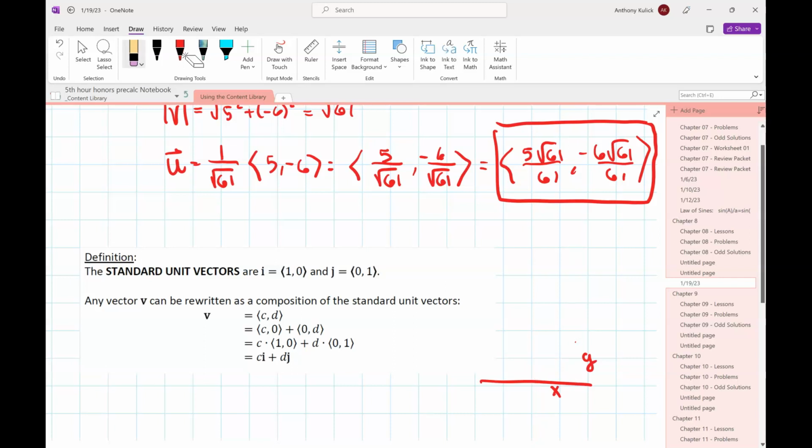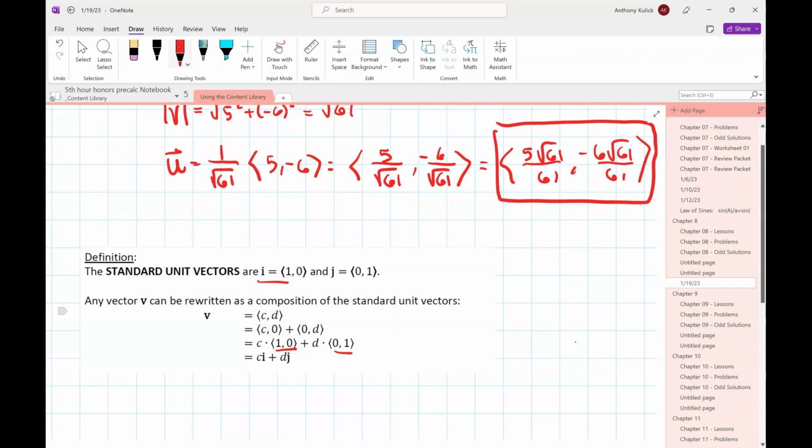Okay. Now, using my definition of scalar multiplication, I can factor a c out of this. So c divided by c is 1, and 0 divided by c is 0. So I'm just pulling a scalar out front of c, leaving me with a unit vector. And I can do the same thing over here, leaving me with another unit vector.